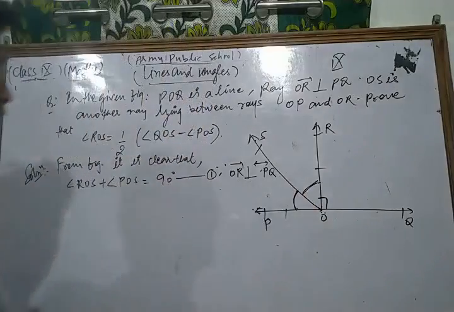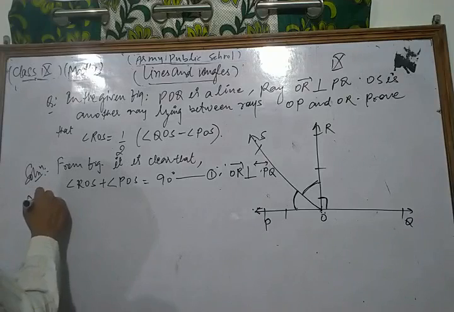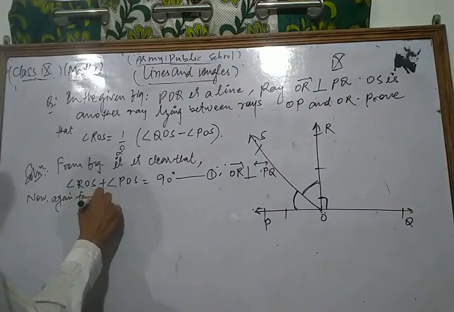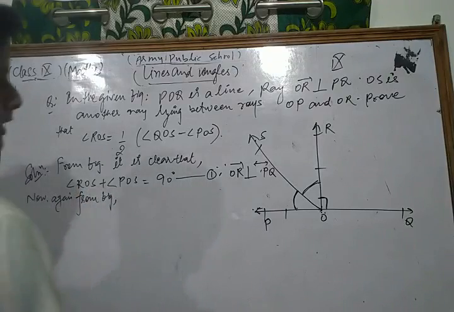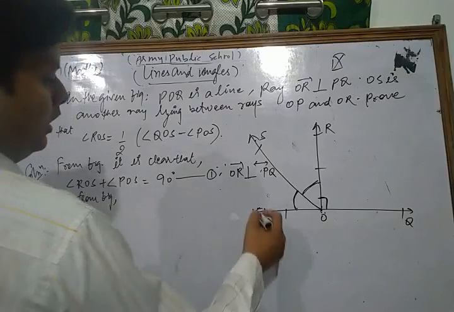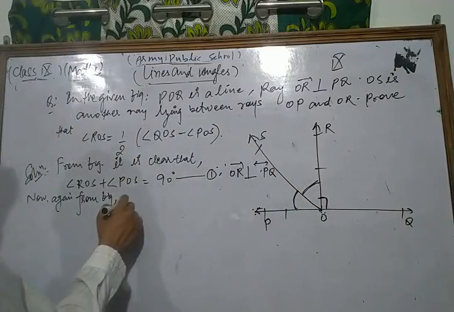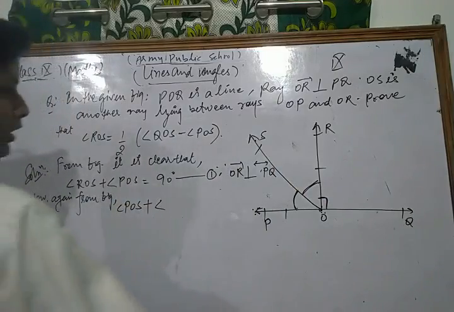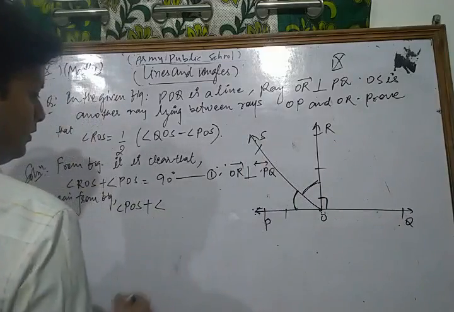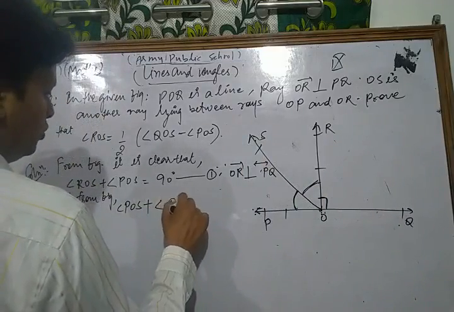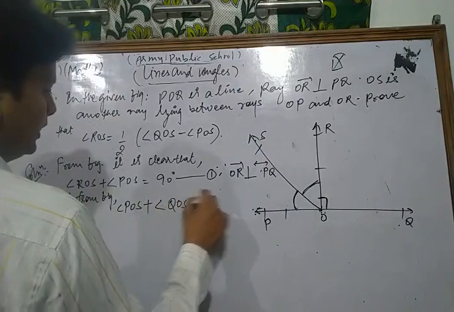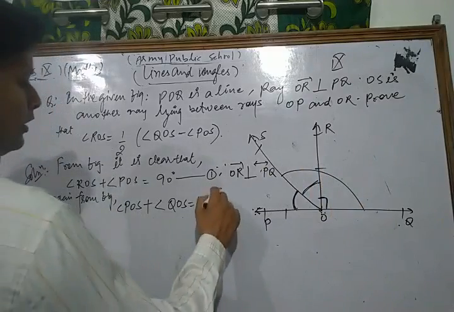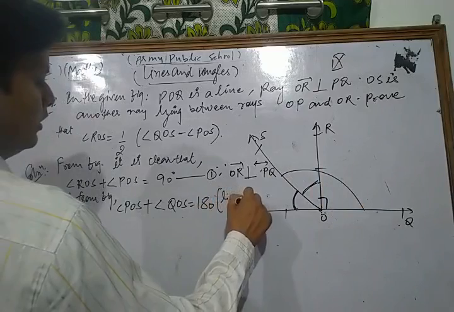Now let's see again from the figure. Again from the figure it is clear that angle POS plus angle QOS is equal to 180 degrees, because they form a linear pair.